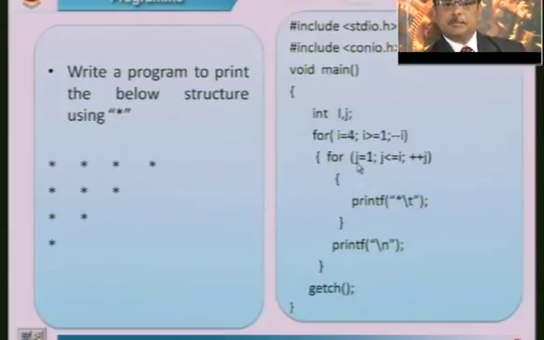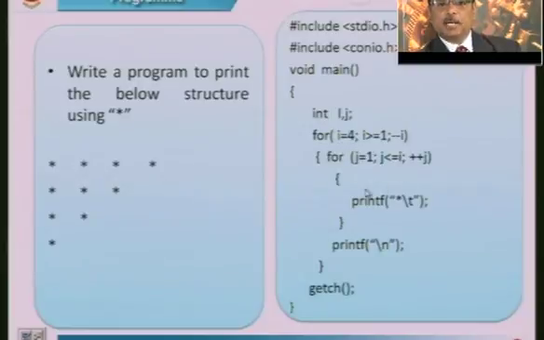First time, because of j less than or equal to i, the i value is 4, hence 4 stars will be printed. After the 4 stars, the control goes back, i becomes 3 and 3 stars will be printed because j runs from 1 to 3, and this process will repeat 3 times, next 2 times, next 1 time. That is how you get 4 stars in the first line.